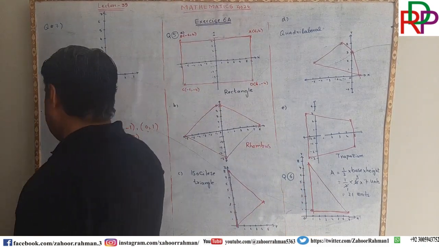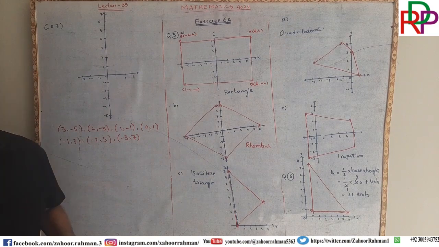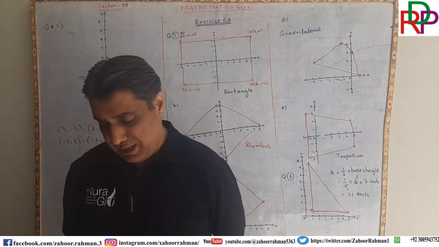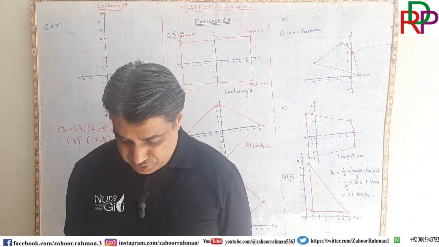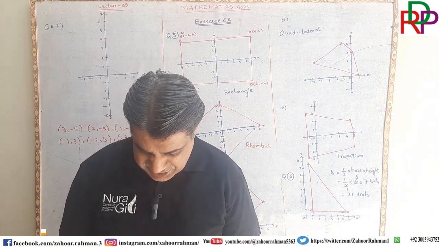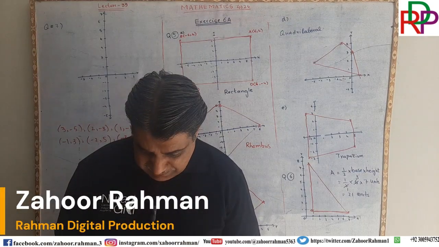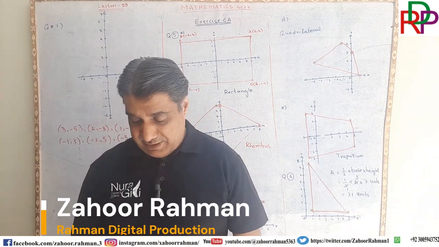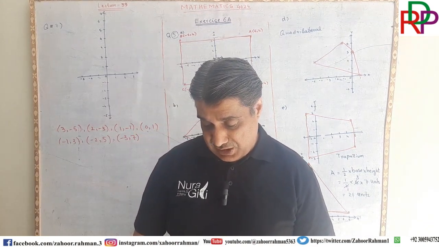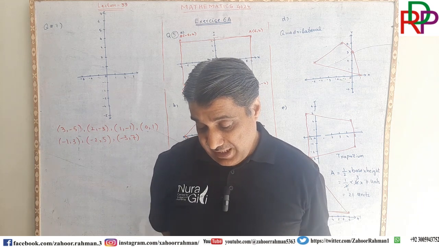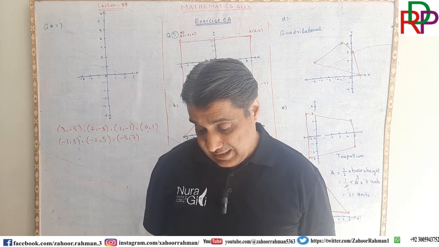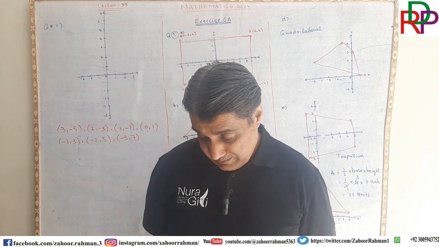Okay, ladies and gentlemen, they are saying in question number 7, plot each of the following points. I wrote the points for you so that we don't have to waste our time. Plot each of the following points on a sheet of graph paper. Do you notice that the points lie in a special pattern?